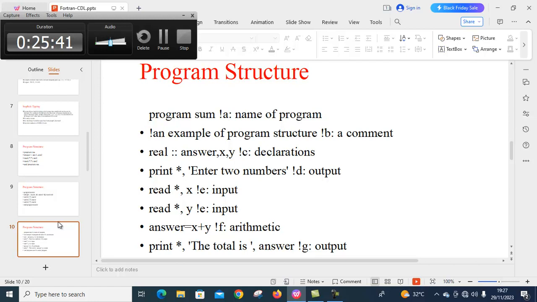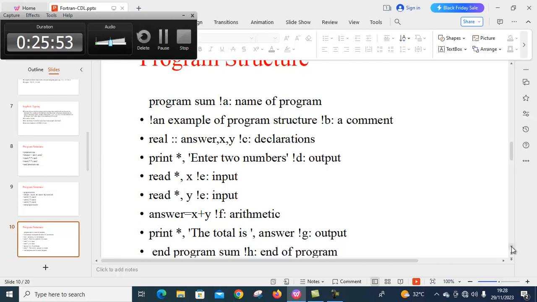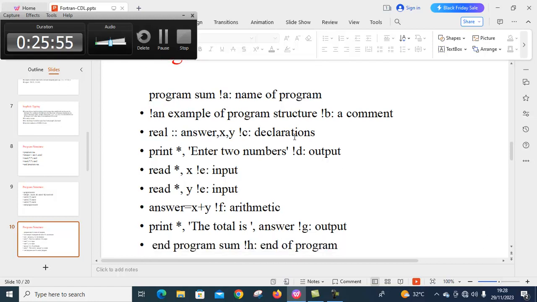This is another program on its own. The program name is what? Sum.